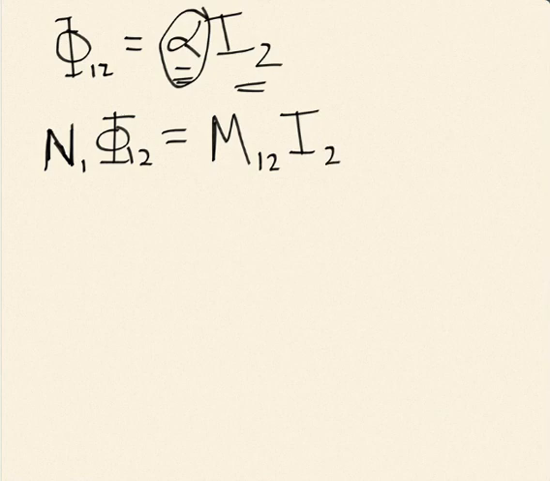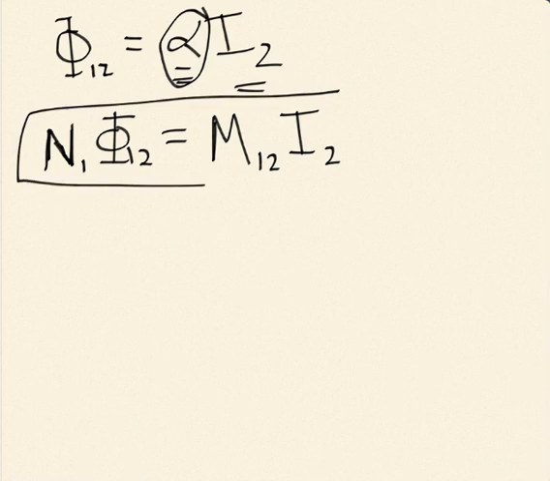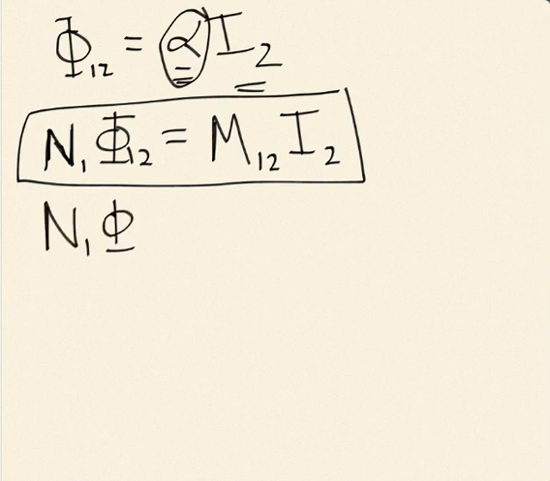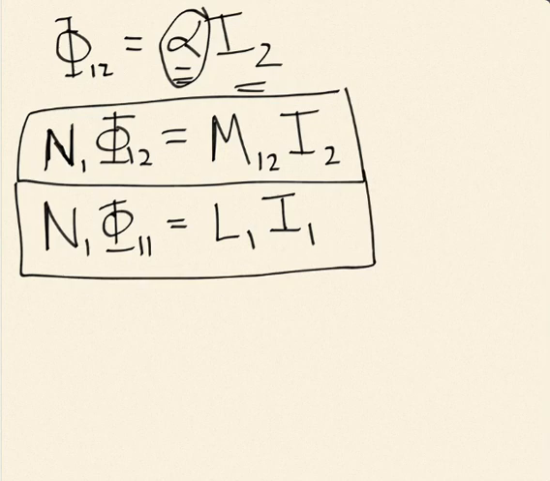But we define this geometric coefficient, which in this case is called the mutual inductance, using this expression. And then you can do an equivalent definition, which is N1 times the flux through coil 1 due to coil 1 itself, is defined as what's called the self-inductance of coil 1 times I through coil 1.